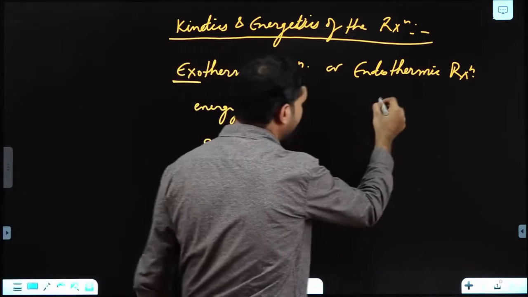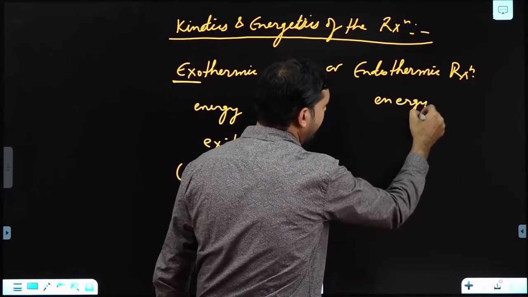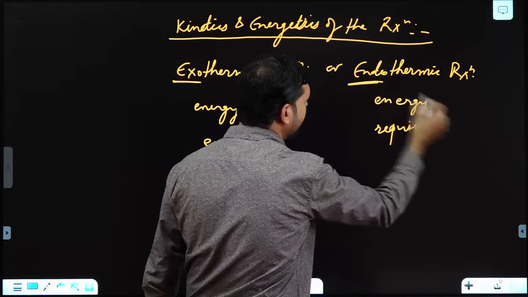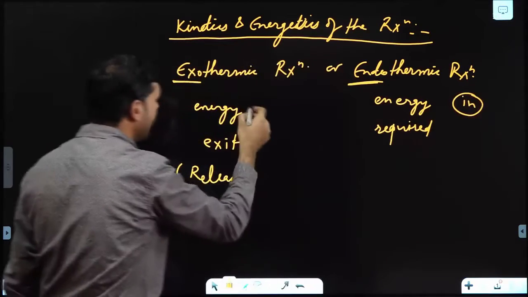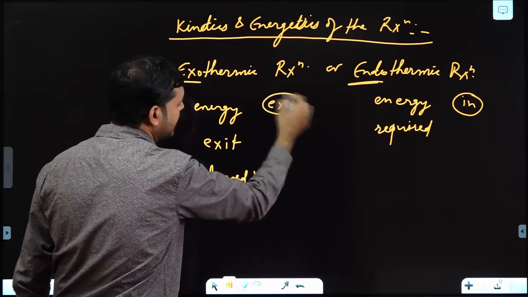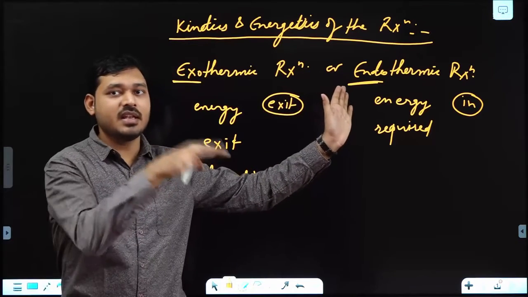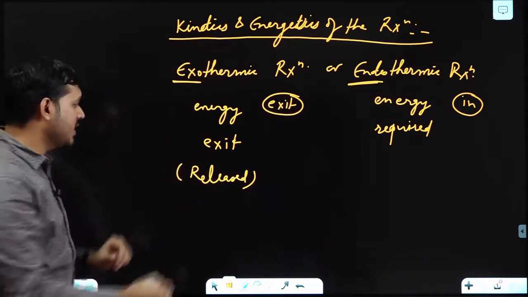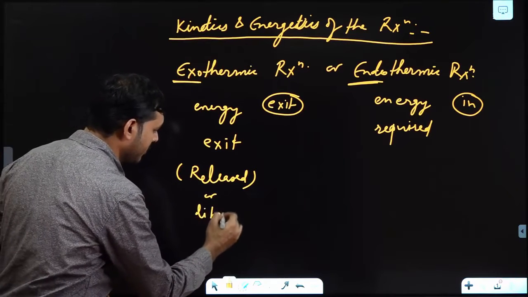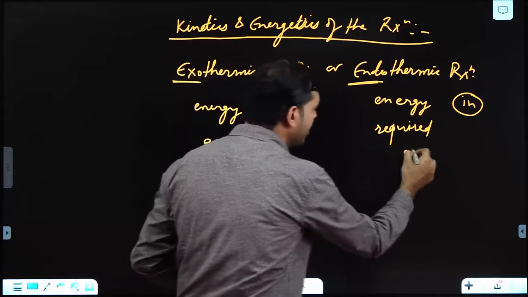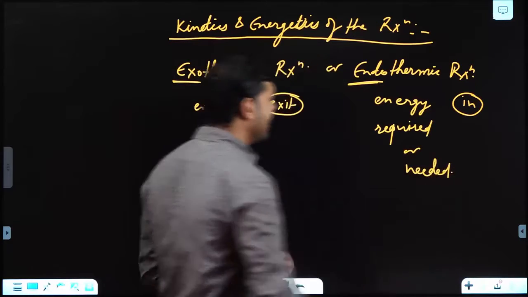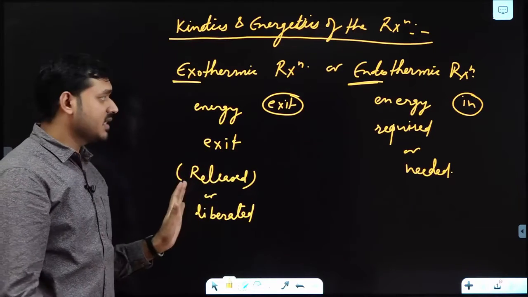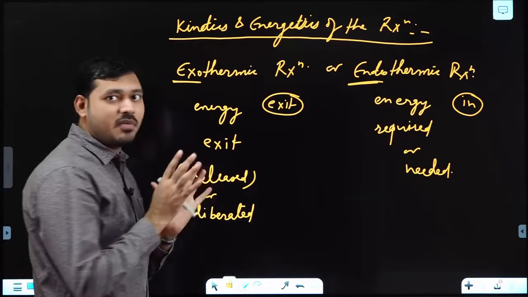Here energy is required in, and exit means out. Endothermic, in, energy is required, needed. Here energy will exit, liberated, released, and here required or needed. Clear? So a reaction can be of these endothermic or exothermic types. We have to study all the cases in all the reactions. Now the thermodynamic phenomena will also generate.